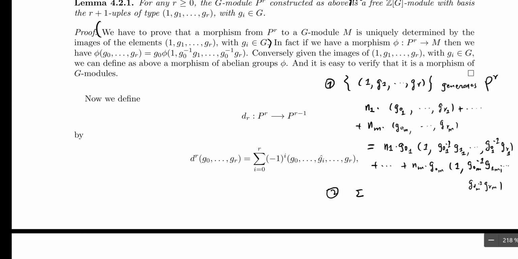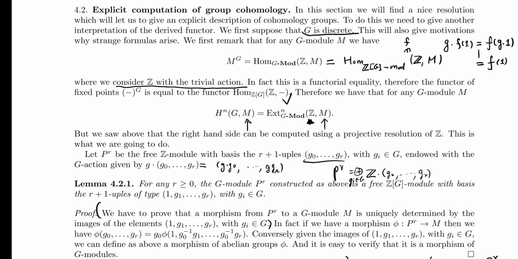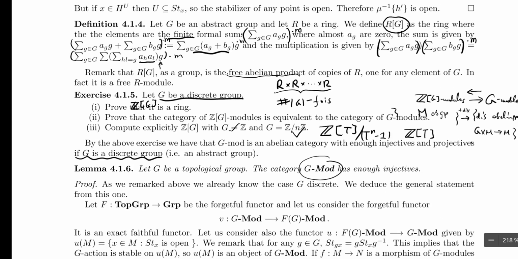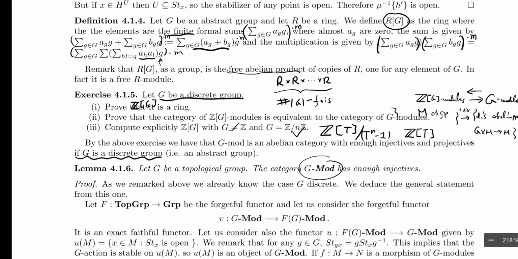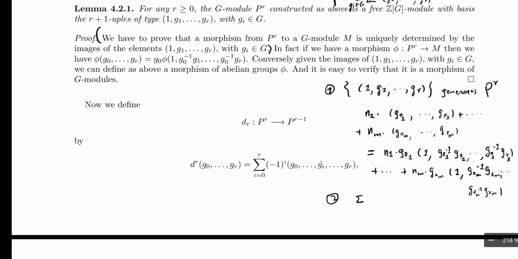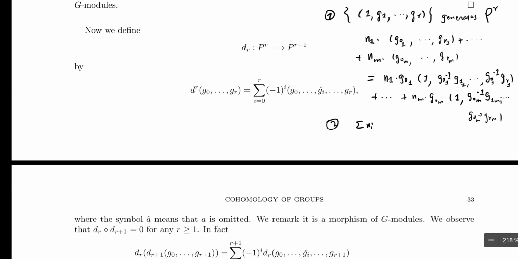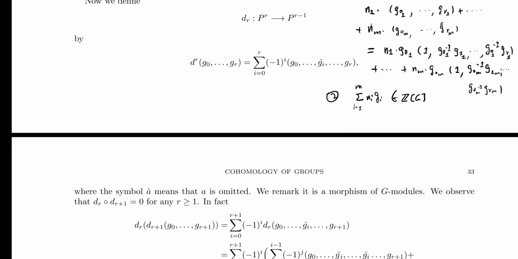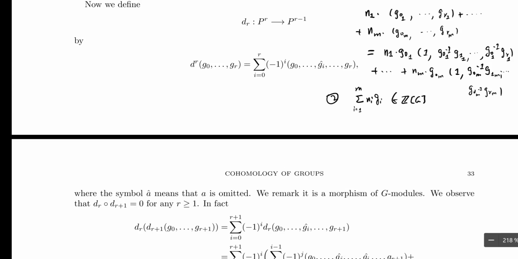So the general form of an element of ZG, as we saw, should be this form: a finite summation of elements of Z times elements of G. So you see, if you have a linear relation, let's denote this by alpha.